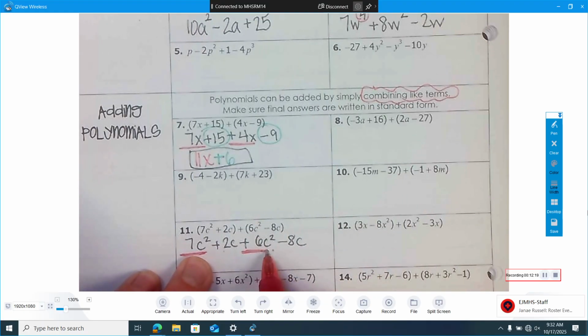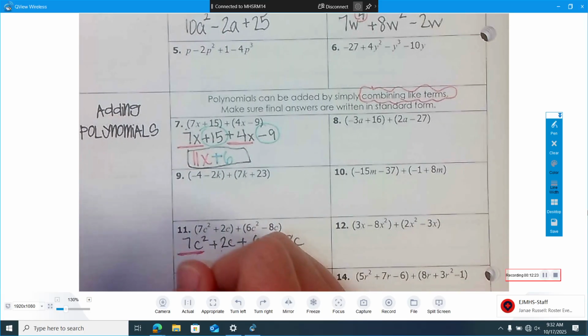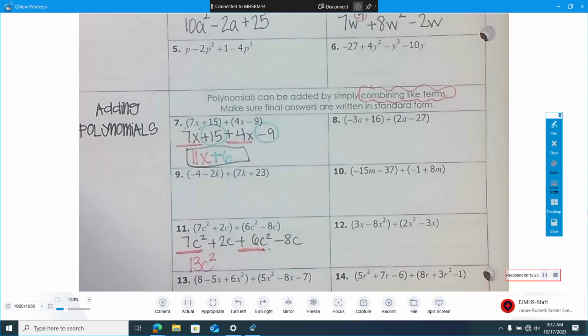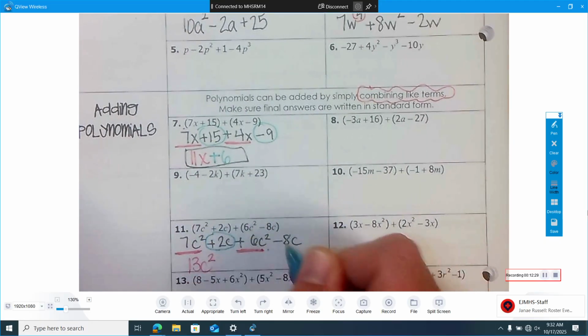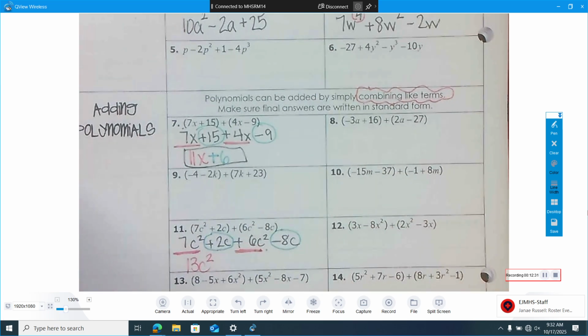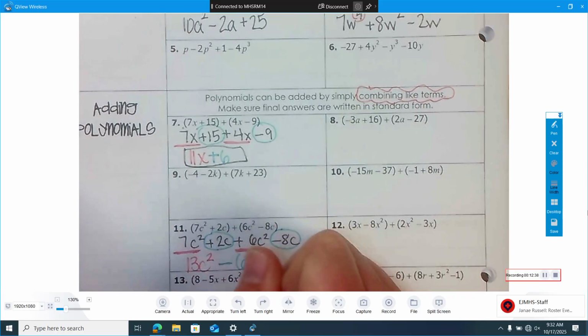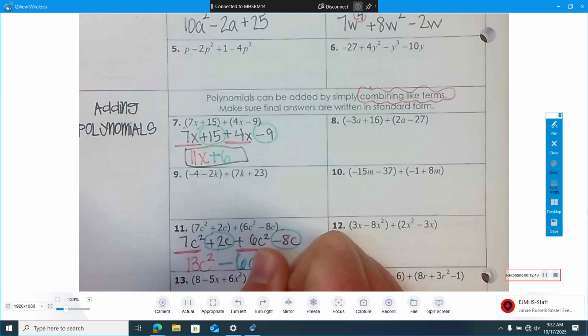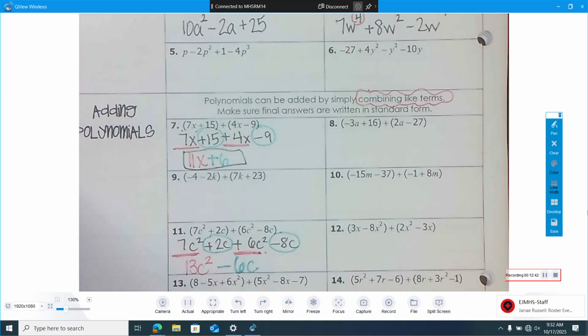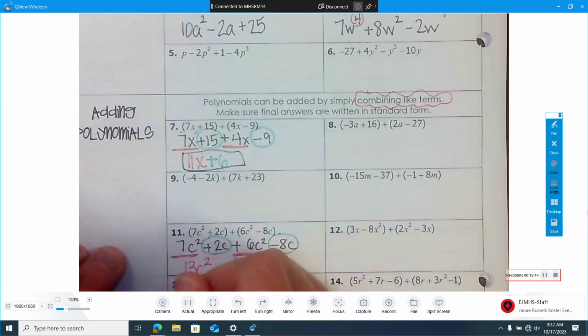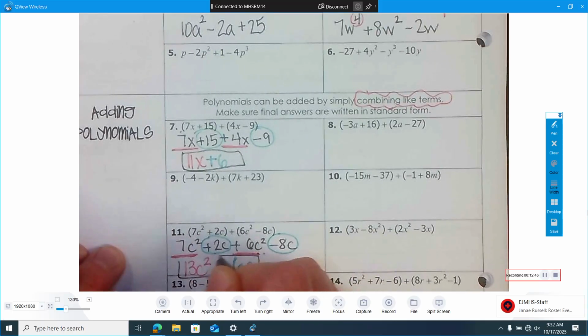They both have the c squared. 7c squared plus 6c squared is 13c squared. Very good. Then I have a positive 2c and a negative 8c. Do these join forces or go to war? War. Who wins? Negatives by 6c. Very good. The negatives win by 6c. That's it, ladies and gentlemen. We'll be done.